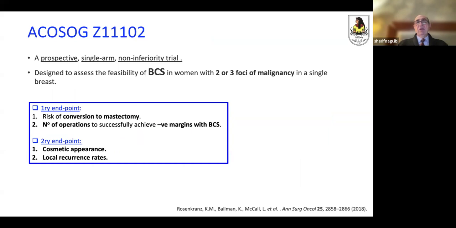The primary endpoint was the risk of conversion to mastectomy and the number of operations required to achieve negative margins with breast conserving surgery, because an excessive number of operations might lead at the end to conversion to mastectomy if you cannot achieve negative margins, and this will definitely be detrimental to the patient. Secondary endpoints were the cosmetic appearance and local recurrence rates.